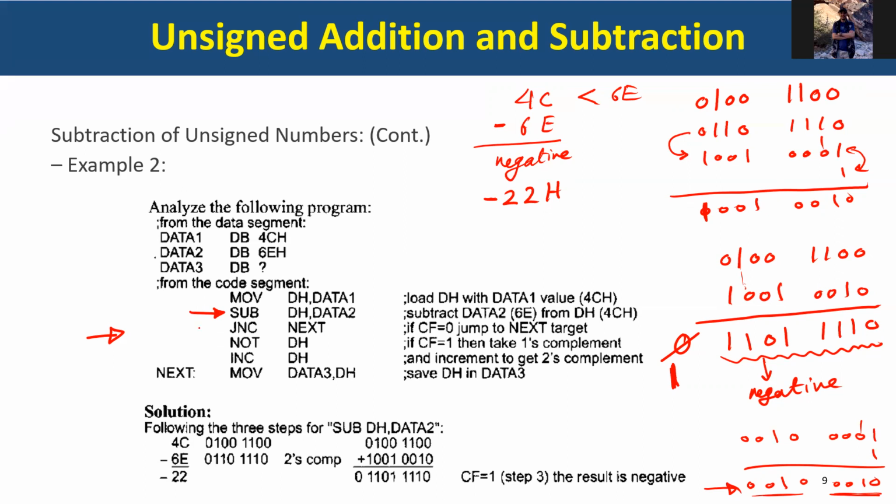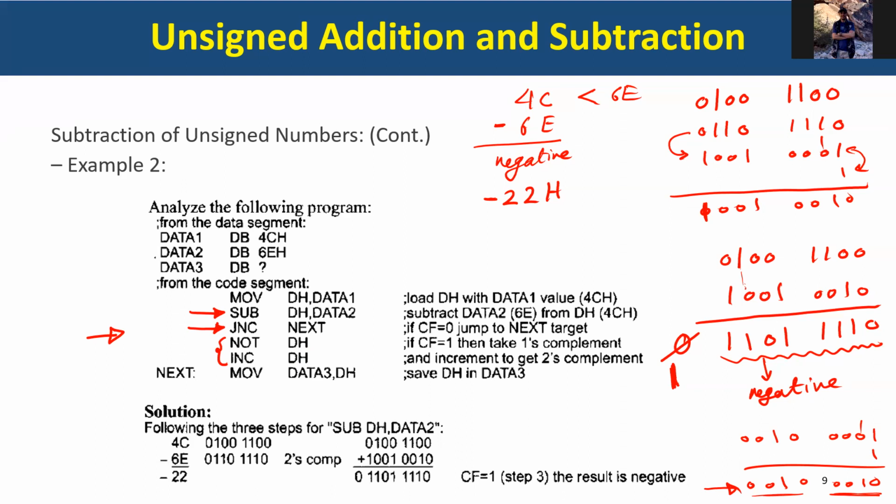So that's why here we check the carry. If the carry is 1, then we need the 2's complement. And here is how you do the 2's complement. So you first make the complement, then you increment by 1. So to take the 2's complement of any number, you invert each bit first, then you add 1.